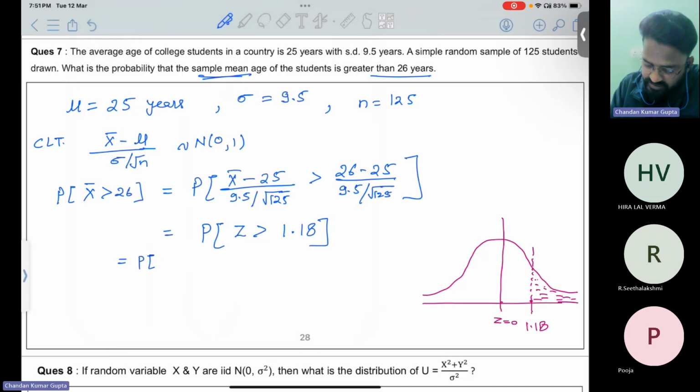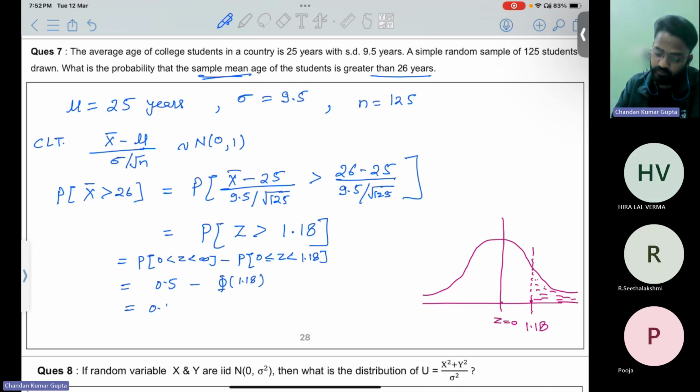This is the probability from 0 to infinity minus the probability from 0 to 1.18. So it is 0.5 minus phi of 1.18.